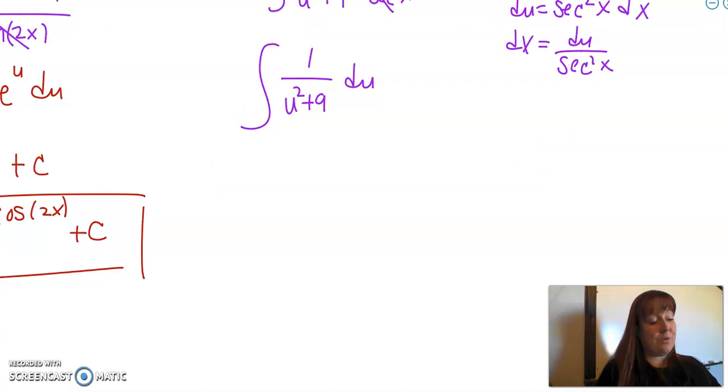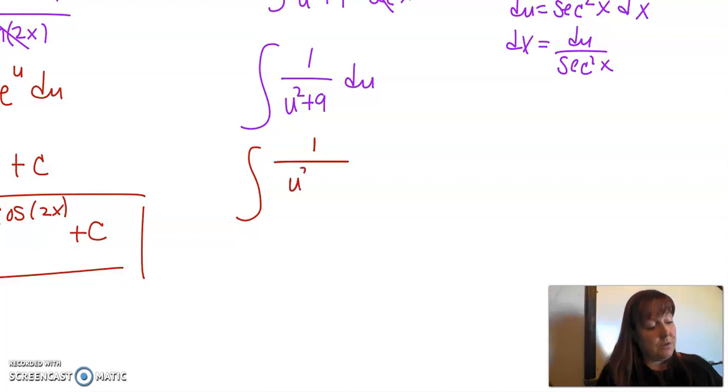Okay, so then we're like, oh, this looks really like an arctan problem, because arctan is 1 over something squared plus 1, but we're not quite there yet, so let's figure out, remember, we've got to get this to be like something squared plus 1, not something squared plus 9. So we're going to divide both of these by 9.